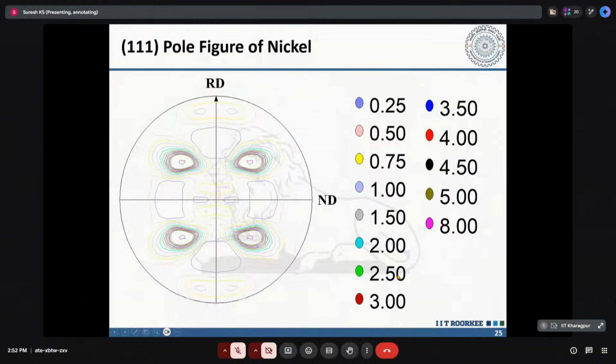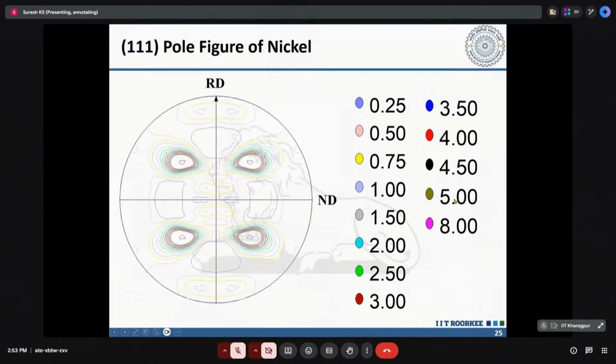On the other hand, say this pink color is represented by an iso intensity value of 8, then the probability of finding these sorts of orientations is 700% higher than the probability of finding a random orientation. So their occurrence is 700 times more than that of the random orientation.